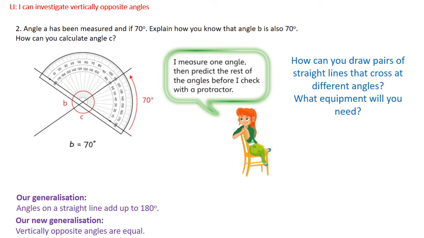But we can double check. Why don't you have a go at working out C first, because 70 plus C equals 180. Then you can work out and double check that B is 70 because you can do C plus B equals 180. Have a go at double checking.